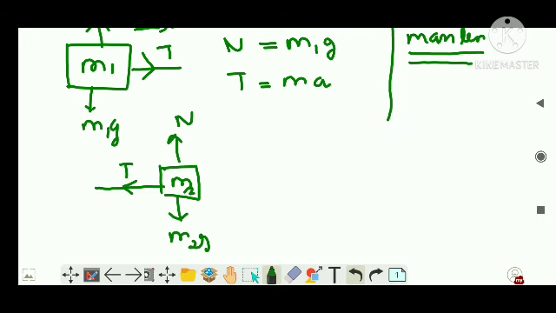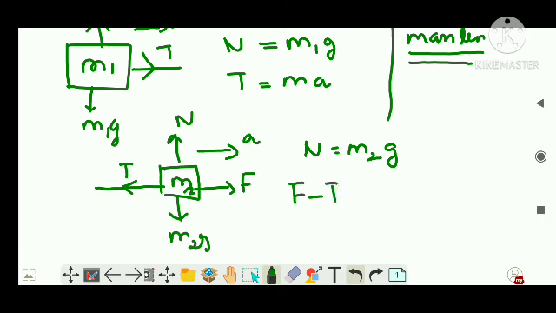Tension is always drawn away from the body in the case of a free body diagram, clear? And there is a force applied like this. So how would I write the equation? For vertical it is N is equal to m2g, and horizontal, there is an acceleration also in this direction, and if acceleration direction is taken as positive, then F is positive, T is negative, is equal to m2a.